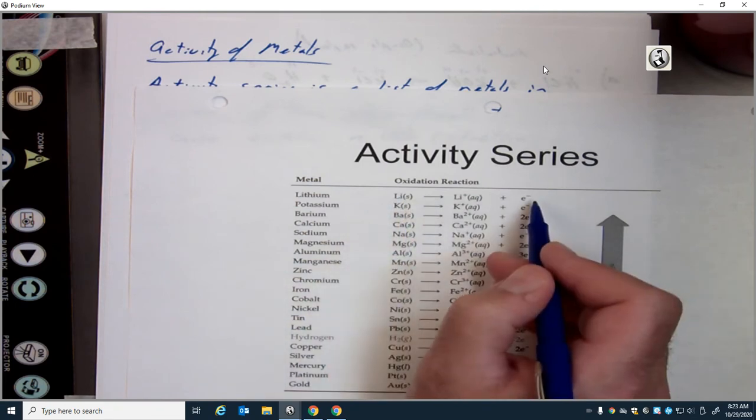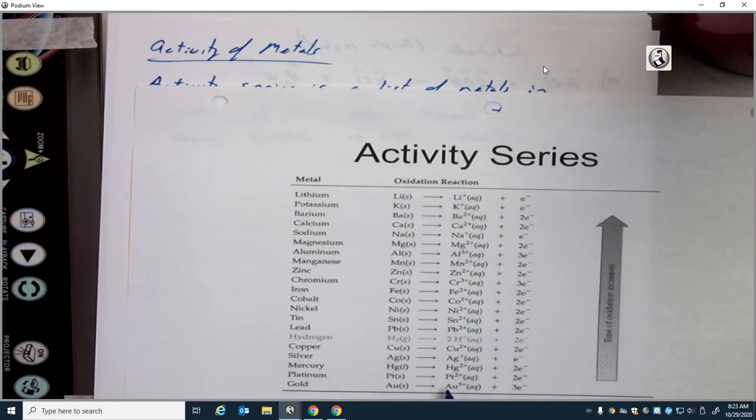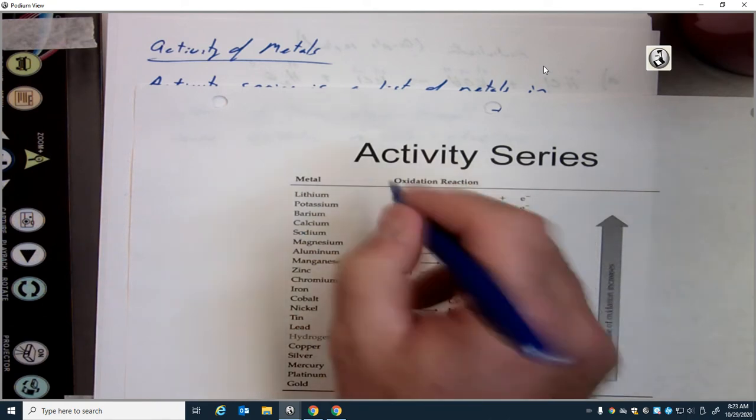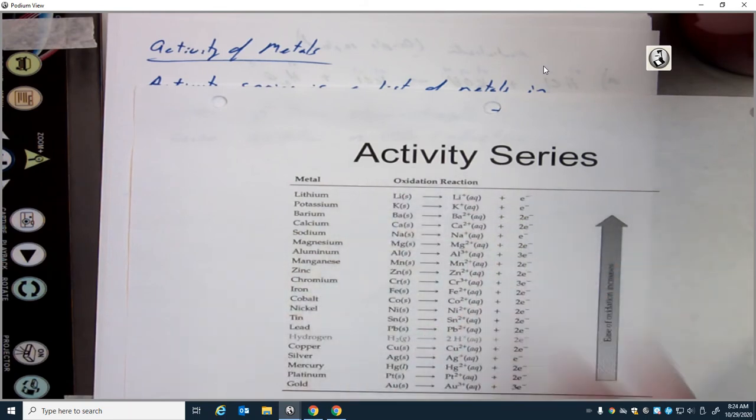It wants to lose electrons the most. Okay, down here, this is saying really it doesn't want to lose electrons. It wants to lose electrons the least, so it's not going to go through oxidation. Matter of fact, down here, it's probably going to go through reduction, right? But these down here are the least active. These up here are the most active. They're the ones that want to lose the electrons.